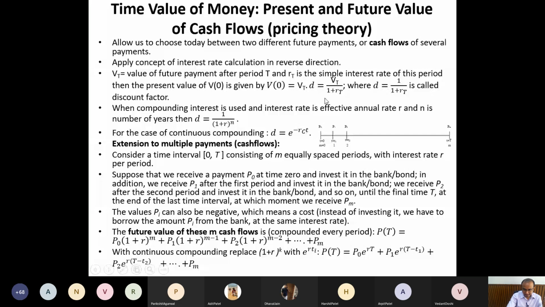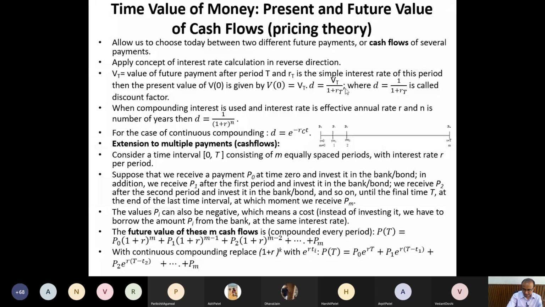Now instead of investing in an instrument which gives me simple interest, if I invest in an instrument which gives me compounding interest, right? Definitely it will be more beneficial. So if I use this compounding instead of this simple interest calculation, then we use the effective annual rate R. We have seen in case of the compounding interest rate, the effective annual rate is better to compare the securities, right?